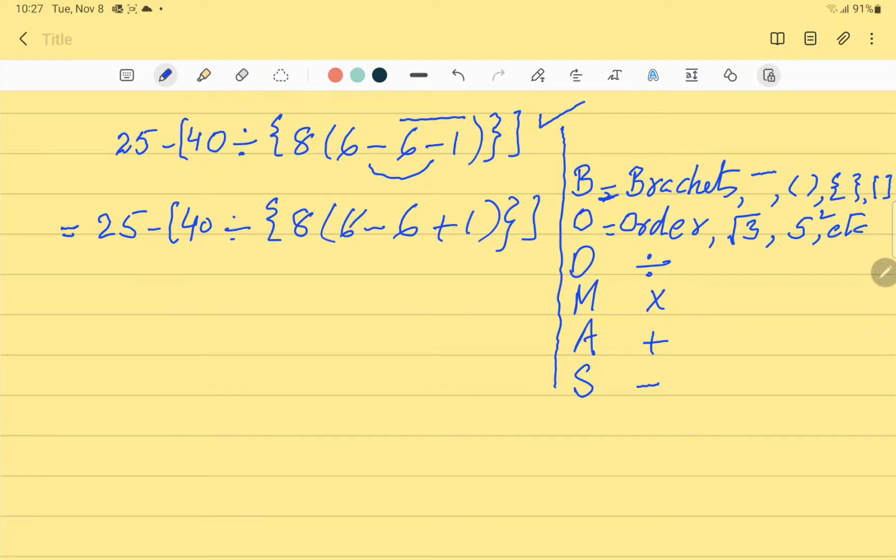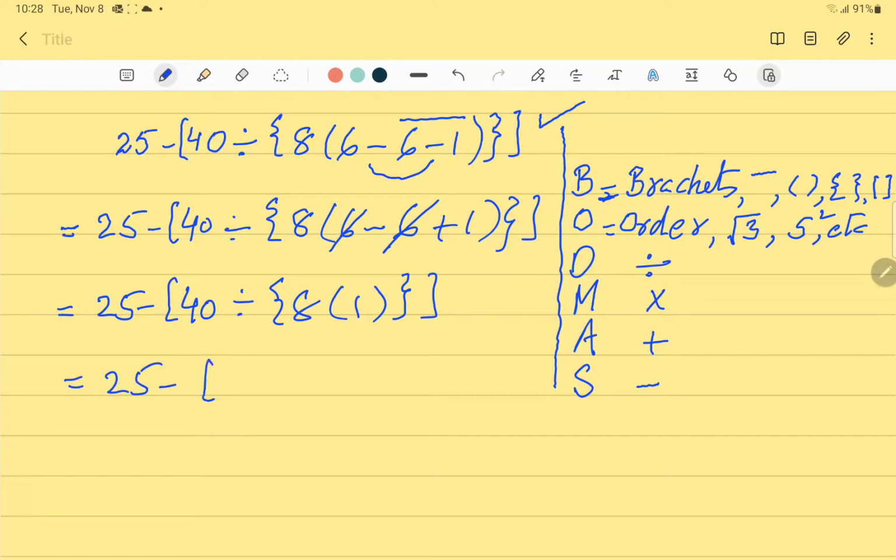Okay, now we solve this. 6 cancels with 6, and we are left with 1. So 8 multiplied by 1 is 8.